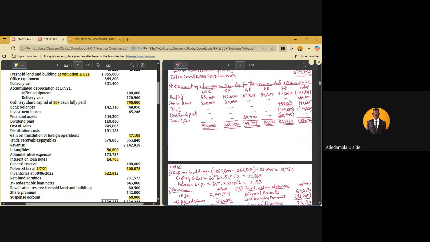Okay, help me calculate that retained earnings again. Yeah, the figure is correct.